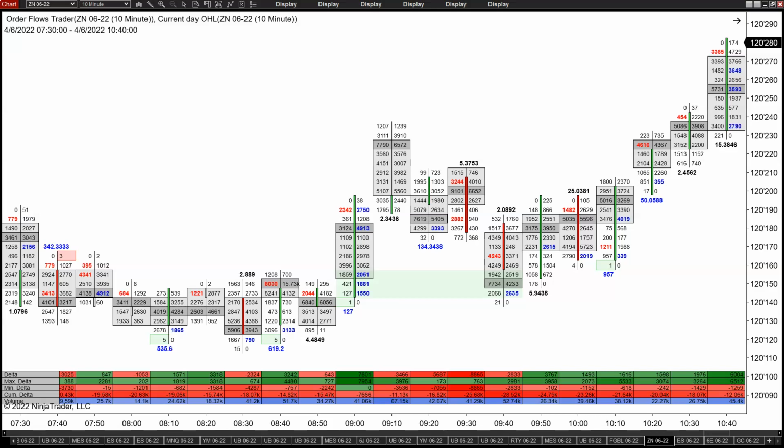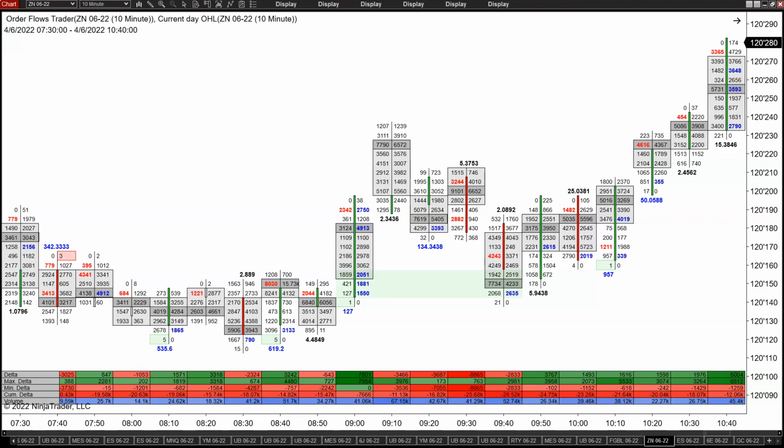Now, again, everybody trades different markets and different time frames, and it's hard to shoot a video that covers everything all at once, because there are so many different combinations. I'm going to start here with a 10-year, 10-minute chart. The nice thing about 10-years is they generally move pretty slow, and honestly, I can't look at a 10-year chart on a 1-minute basis, because it just moves so slow.